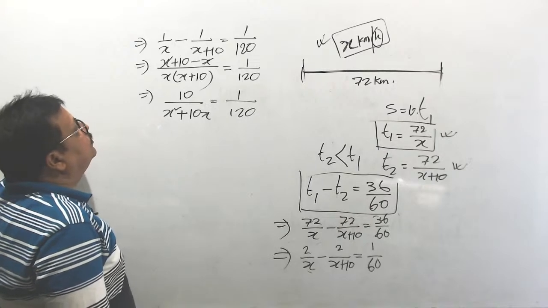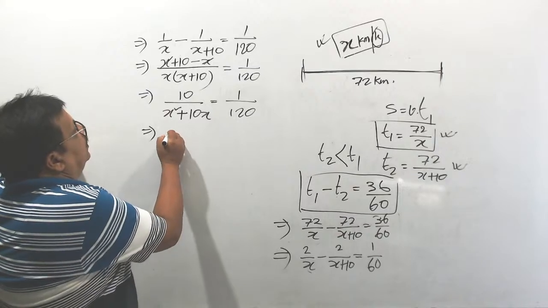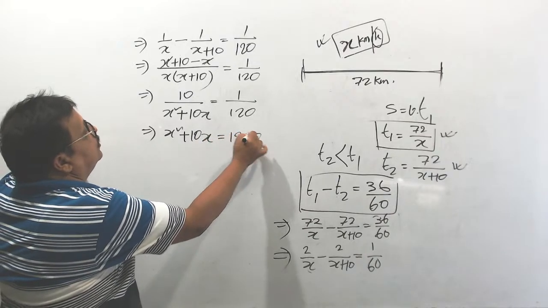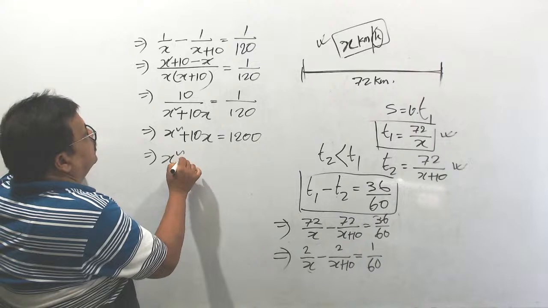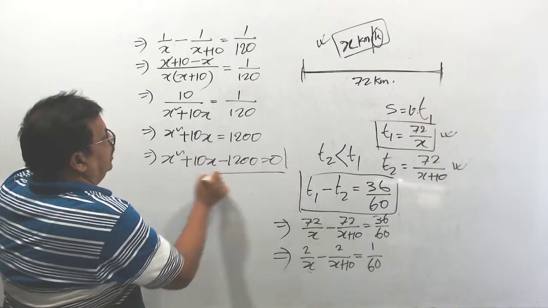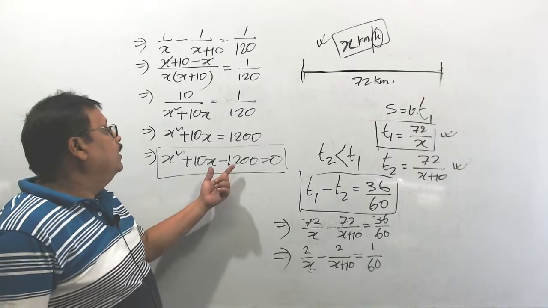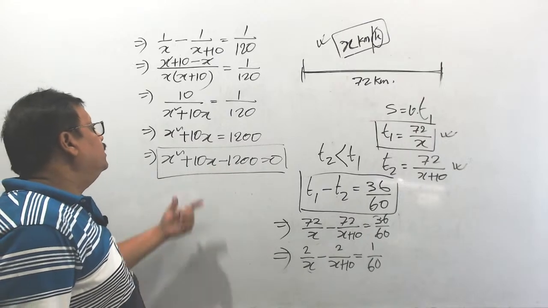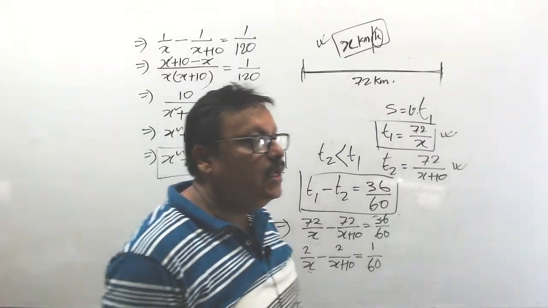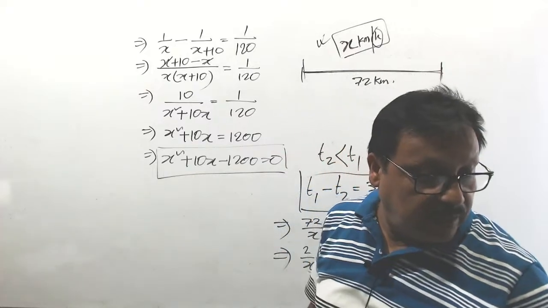So x square plus 10x equals 1200, which implies x square plus 10x minus 1200 equals 0. You have to solve this one and tell me the answer.